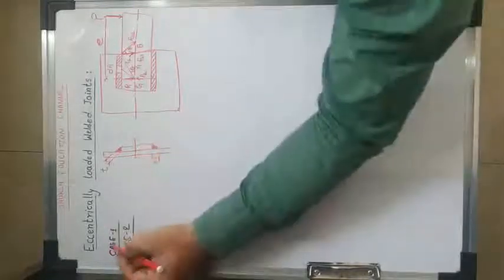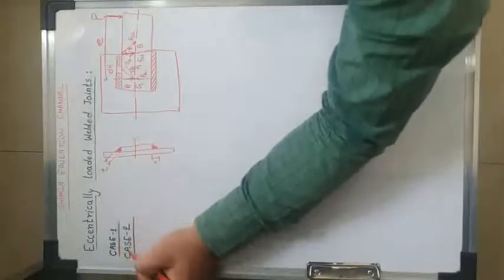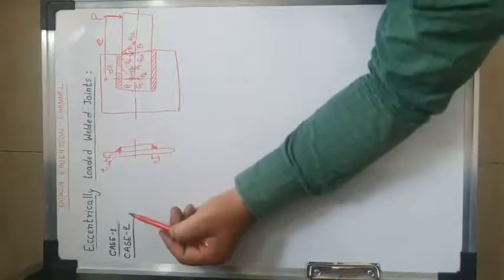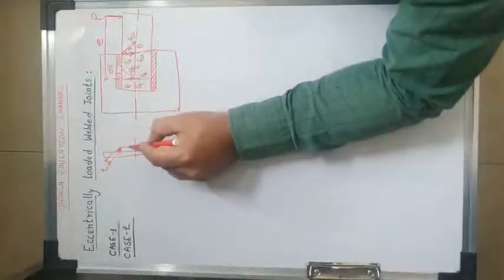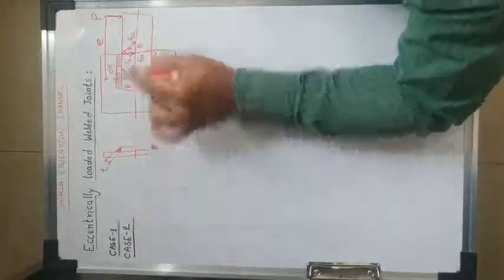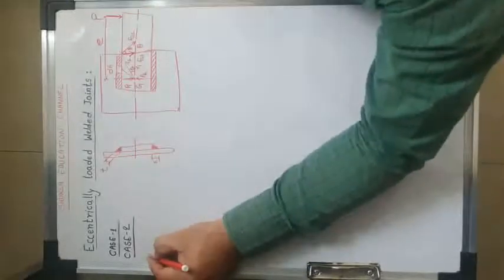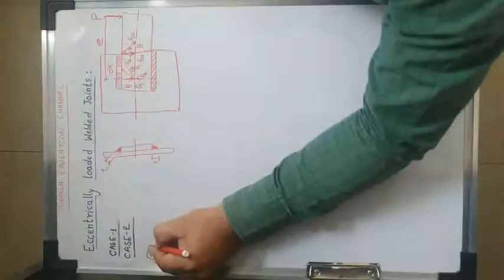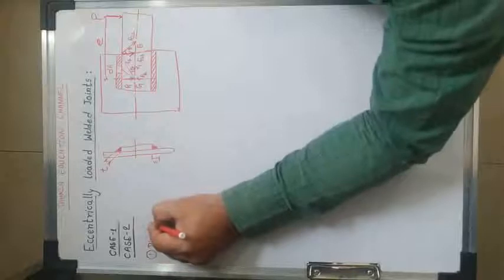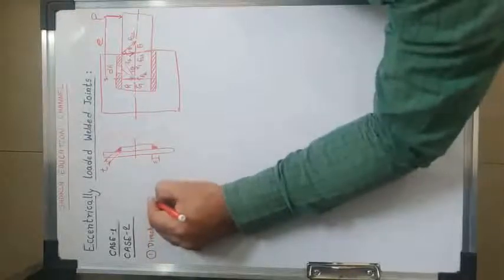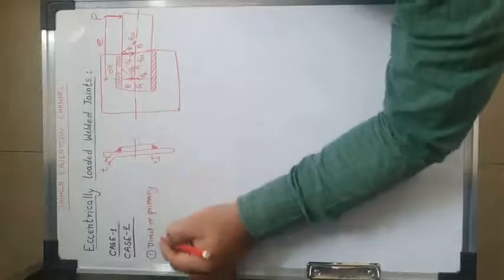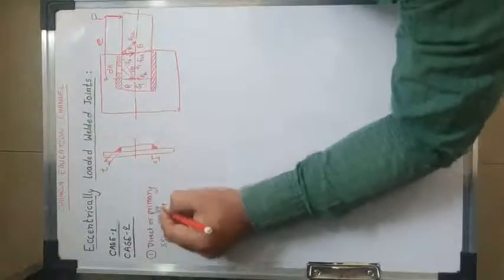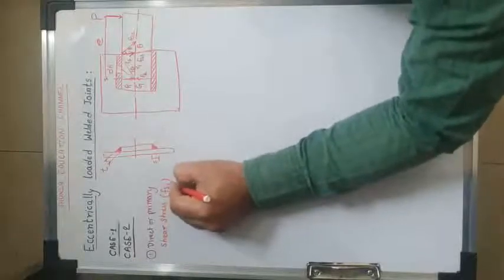So what is the difference between case 1 and case 2? Case 1 had 2 stresses different in nature, one shear stress and the second bending stress. Here, because it is welded like this, if I put the load here, 2 stresses of the same nature develop. First is direct or primary shear stress. We will write it here as Fs1. Why?